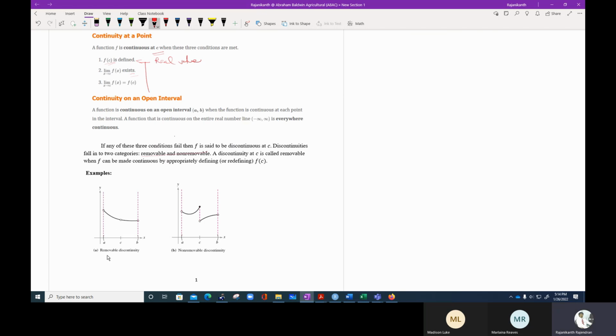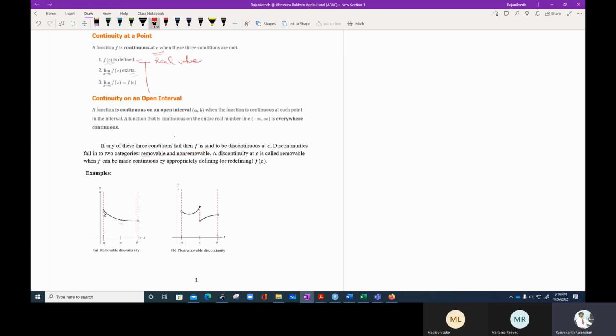So the first, removable discontinuity, will be like this: the function is very good except at one point in the interval. Okay, you see there's a hole here, so the function is not continuous at that point, even though there's a limit, right? The function is not defined at C. So if you see a case like this, except at one point the function is very smooth and continuous, right?